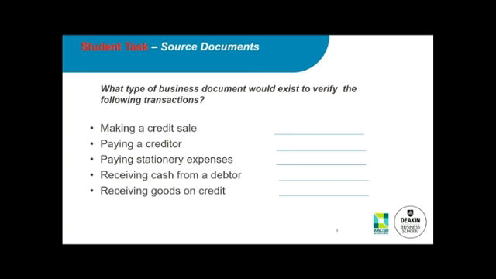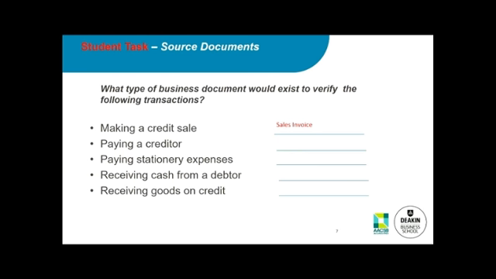Okay, so what is your document for the credit sale? What did you say? Who said that? I heard somebody whisper it, but who said it? Was it you? Sales invoice, okay, that sounds pretty good to me.